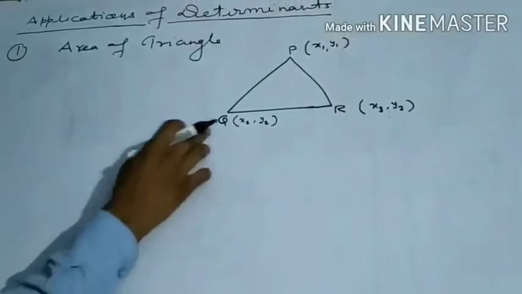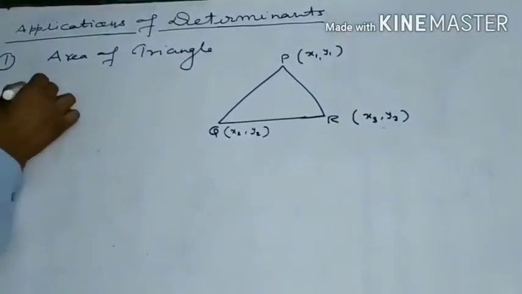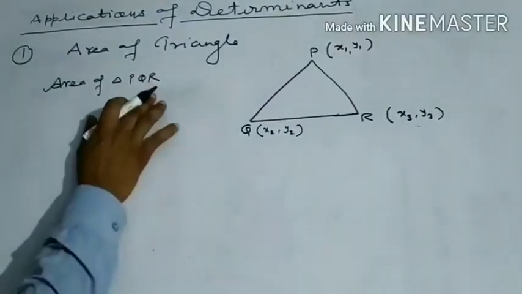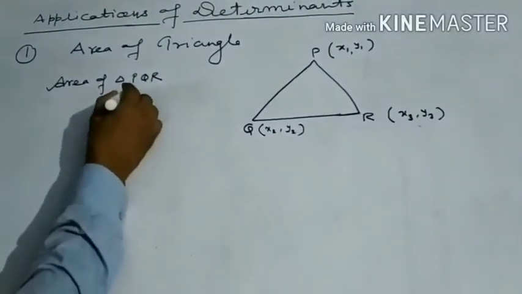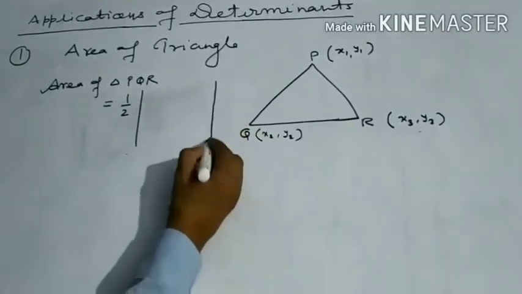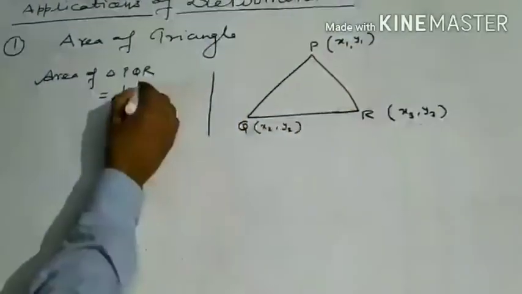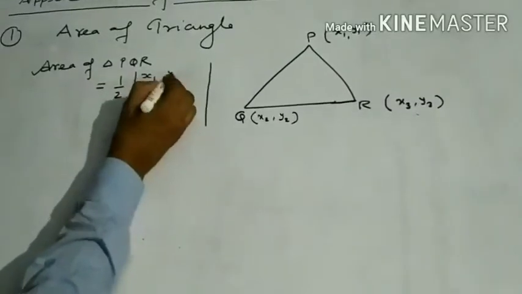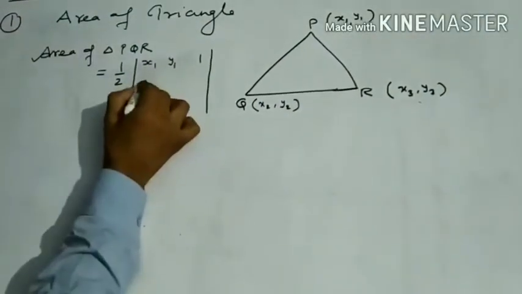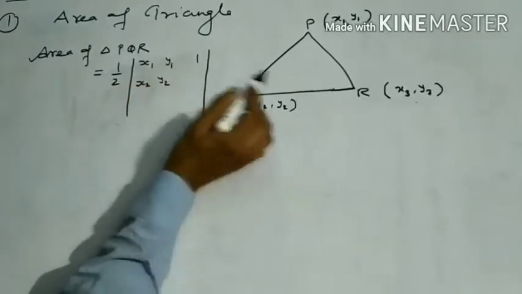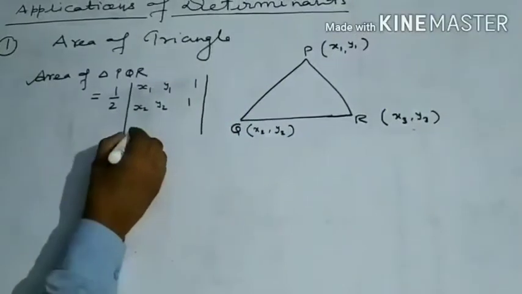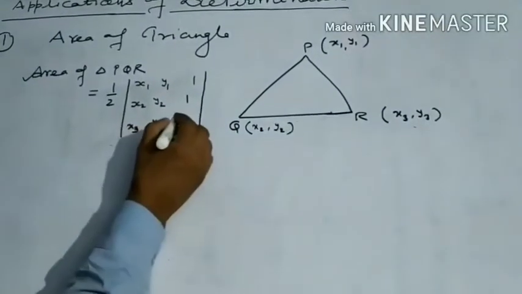Then the area of triangle PQR is equal to 1 by 2 times the determinant with rows x1 y1 1, x2 y2 1, and x3 y3 1.